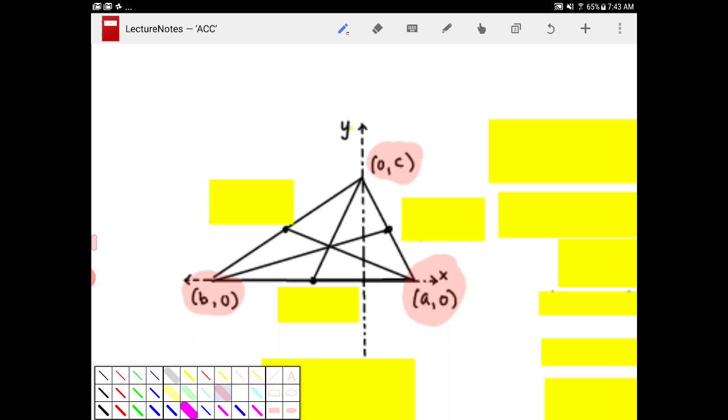The other thing I want to start with, okay, these 3 coordinates that I've highlighted in pink right now, even though they're variables, we're going to treat them as knowns, okay? So values of a, b, and c are quote-unquote knowns.